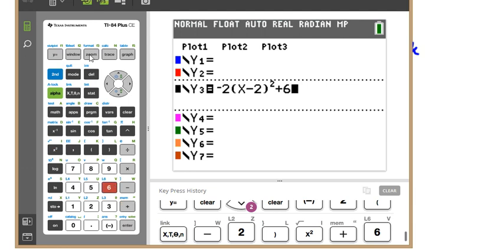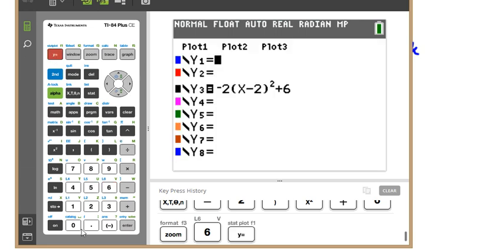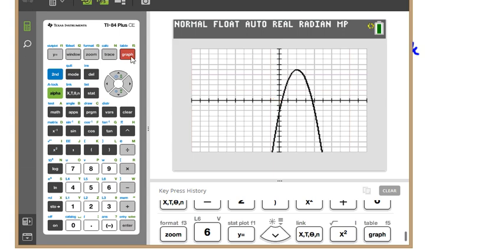Zoom standard window. And so yeah, we reflected this thing because originally, and I'm going to show the original function, it says x squared, right? I'm going to make x squared red. So x squared is the original function. You're going to have calculator in hand. So you take this red one, reflect it downward about the x-axis.